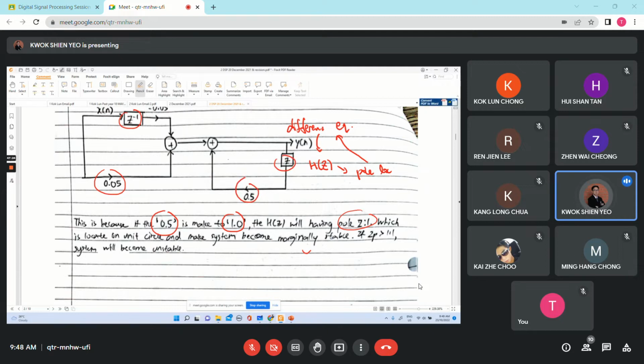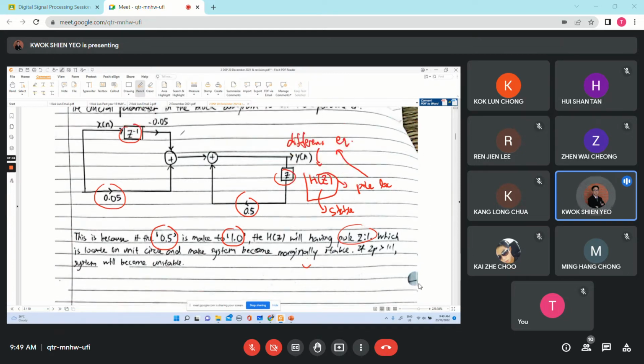Okay, so we see which of the system values you need to readjust so that your H(z) poles become stable. Let's say you need to change 0.5, or you decide to change this to 1, then you can avoid the system being unstable.